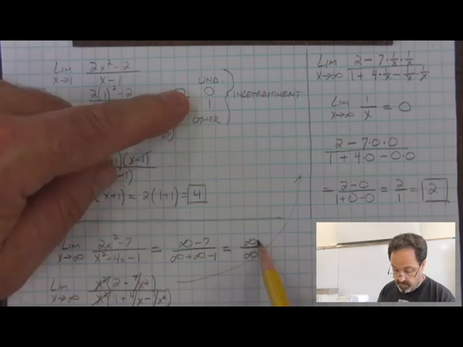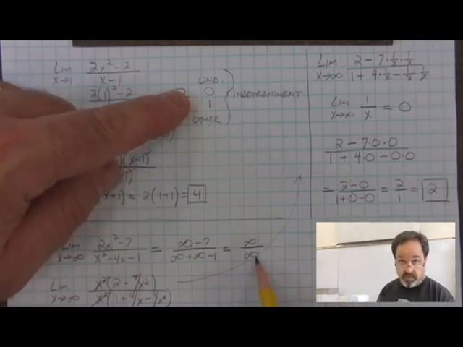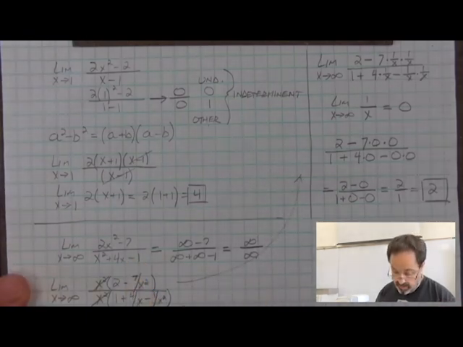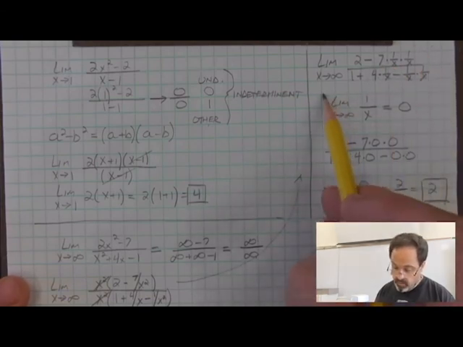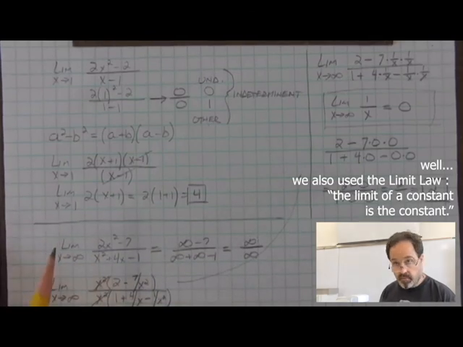Is this infinity because of the numerator? Is it 0 because of the denominator? Is it 1 because it's something over itself? Or is it something else? Well, it turns out it is something else. It's 2, because we went through this algebraic process that then only relied on this limit law in the end to justify thoroughly and formally.